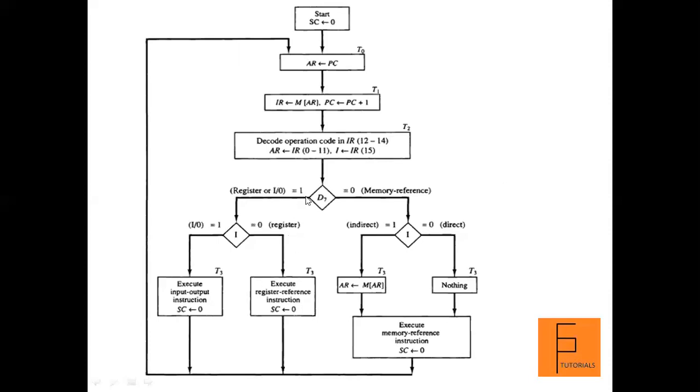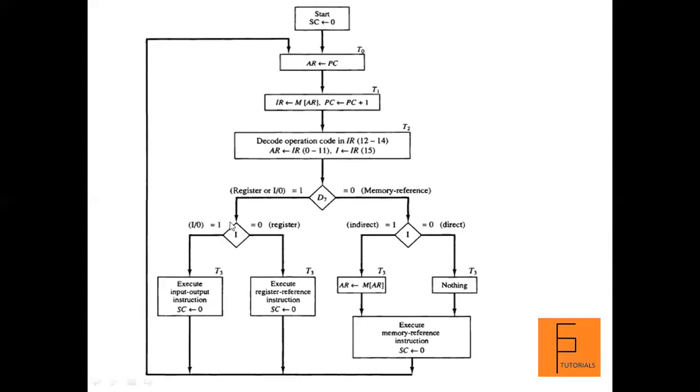And what happens if D7 is 1? You come to this left branch where the indirect mode bit will decide whether it is an input output instruction or a register reference instruction. For a memory reference instruction, the indirect bit decided whether it was a direct or an indirect memory reference. But here, the indirect bit will differentiate between register reference and input output.